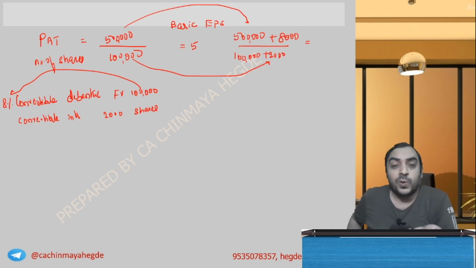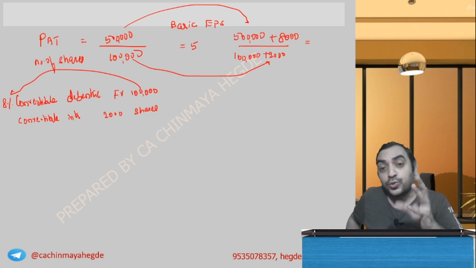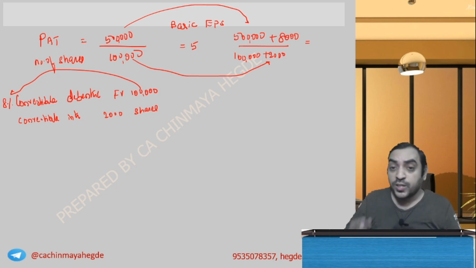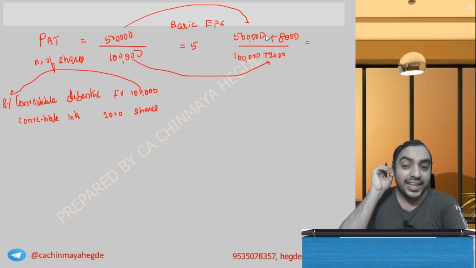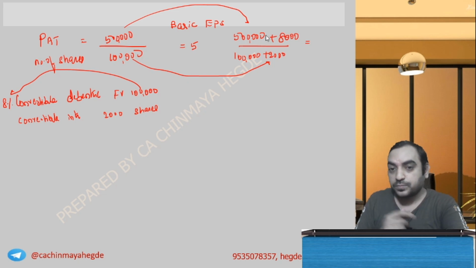When they are not debenture holders, you don't have to pay interest. You save interest, profit will increase. So how much will this come to now? 5 lakh 8,000 by 1 lakh 2,000.